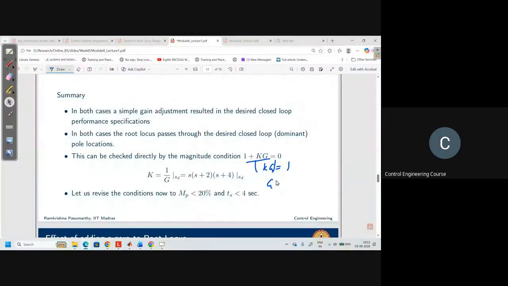So K is equal to 1 by the magnitude of G at the desired pole location s equal to s_d. If K comes out as a real number, then the desired pole is on the root locus. If it turns out to be something like an imaginary number, that means the point is not on the root locus, and then you have to go for further design techniques.